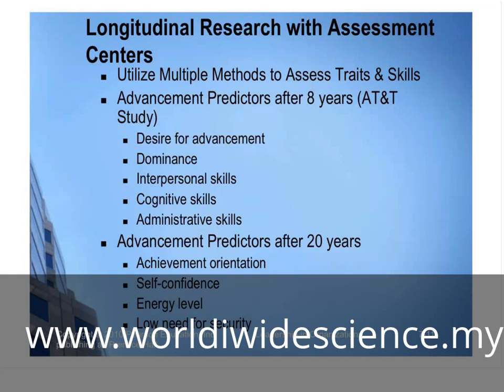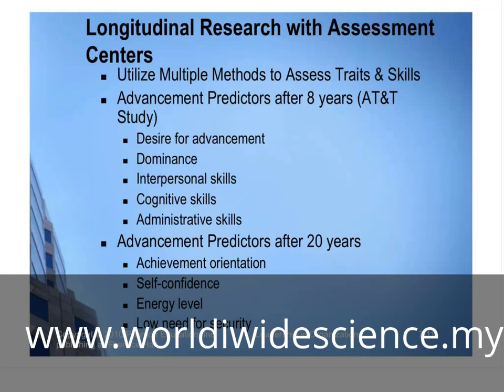And a lot of times leaders would like to dominate and have dominance. Then interpersonal skills were very important according to them. And cognitive skills, being able to analyze and understand the situations. And administrative skills are also important, how to administer. And after 20 years, they understood that achievement orientation, self-confidence, energy level, and a low need for security are the most important.